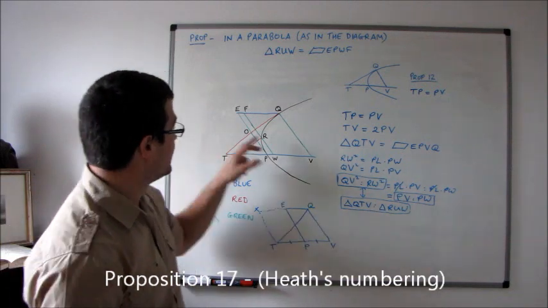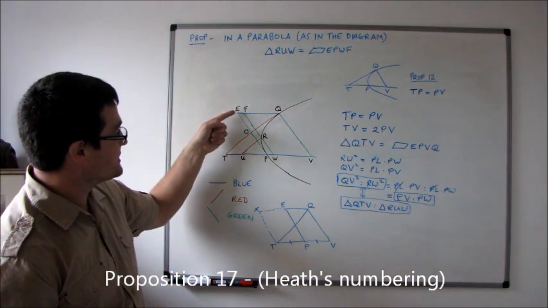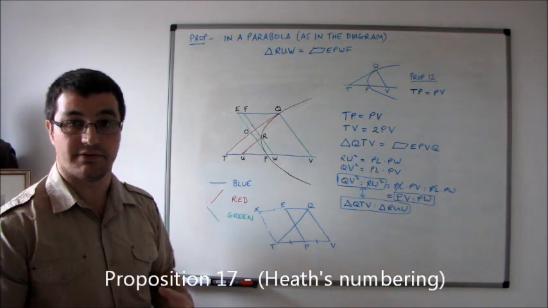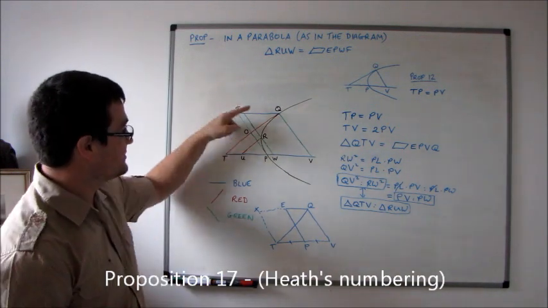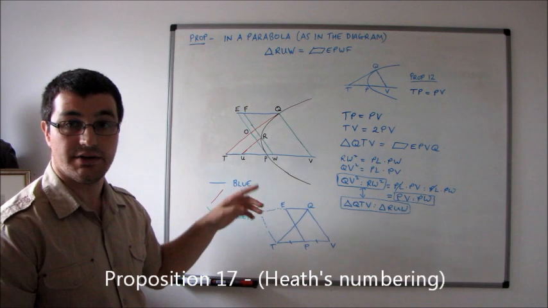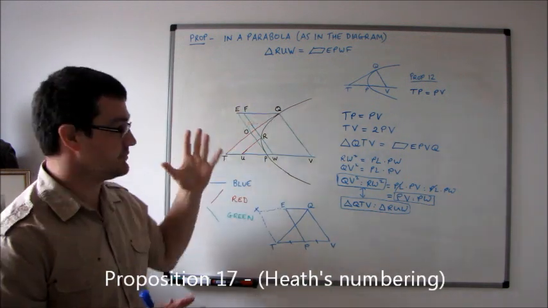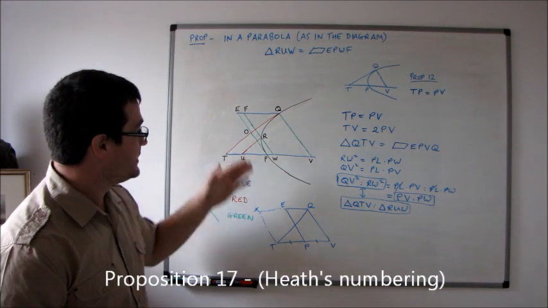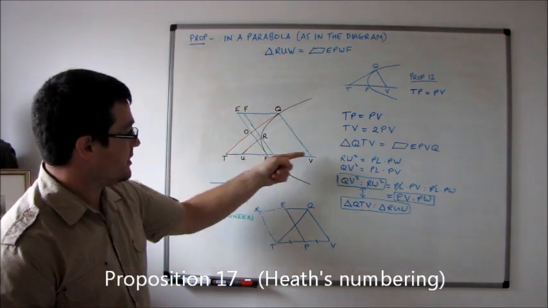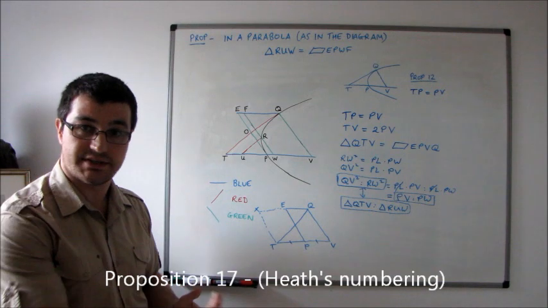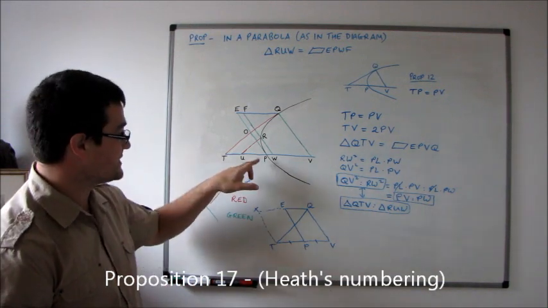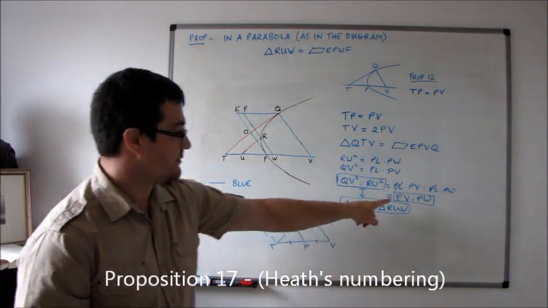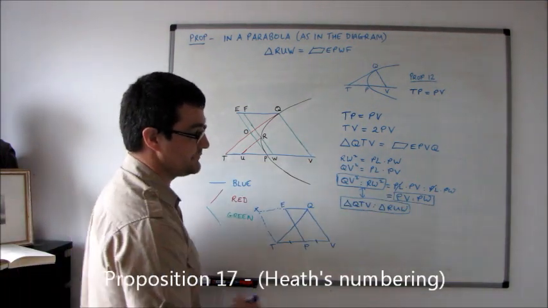So the parallelograms EPVQ and EPWF are under the same height, this height here between the two horizontal blue lines in the diagram. So the ratio of those two parallelograms is going to be the same as the ratio of their bases. Well, their bases are PW and PV, which is the ratio that we've got here.